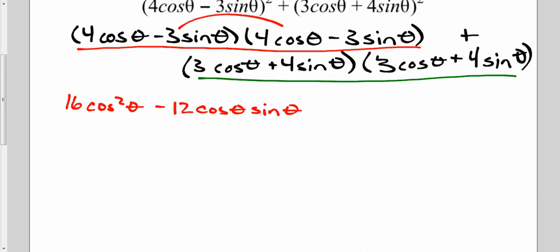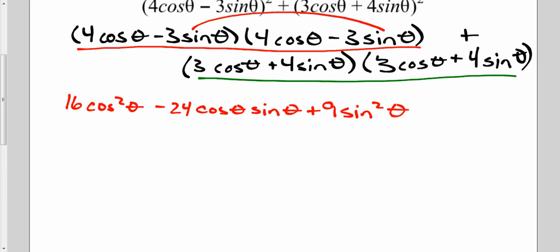So can I just change this 12 to a 24? Let's do that because I'm dangerously close to running out of room. So minus 24 cosine theta sine theta. And then I want to do that guy, right? Plus 9 sine squared theta. Okay, so now that's the red, right?